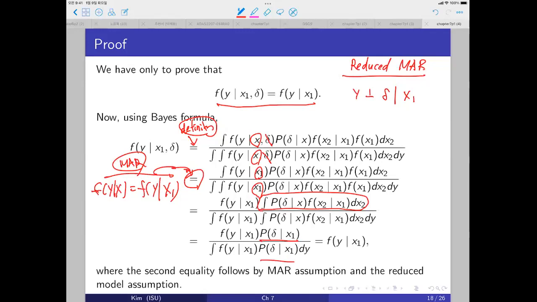And then it cancels, actually. So be careful. Both of them are equal to pi tilde of X1.